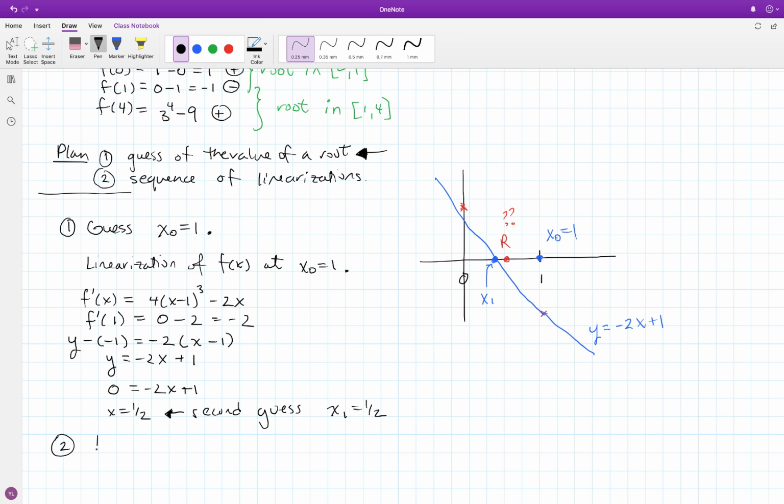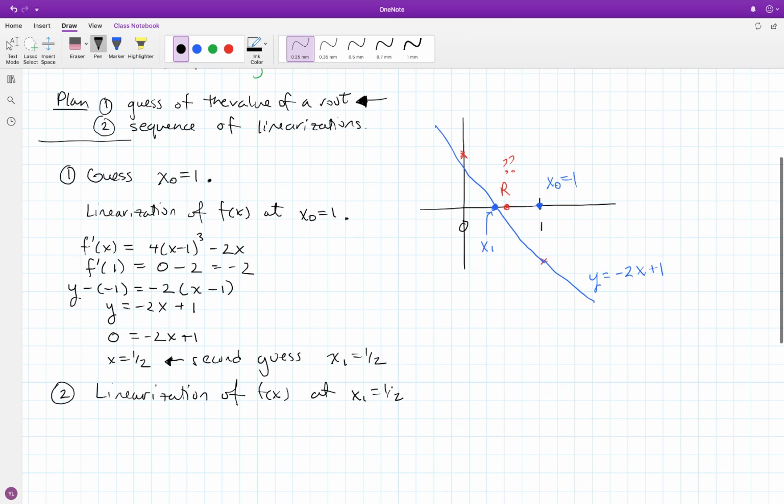So I'm going to go ahead and compute the linearization of f at x1 equals 1/2. Since x1 is closer to the mystery r, the linearization is going to be closer to f, near the x-axis where I'm trying to figure out where f crosses. So same principle here. I've got my derivative.